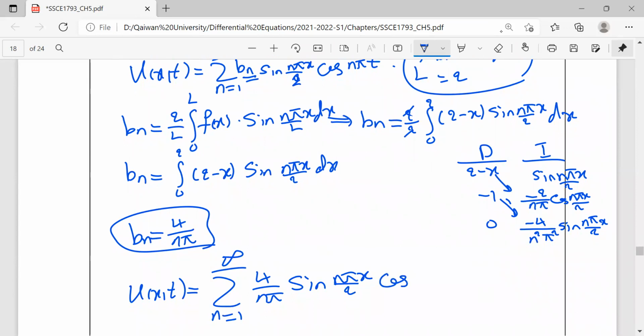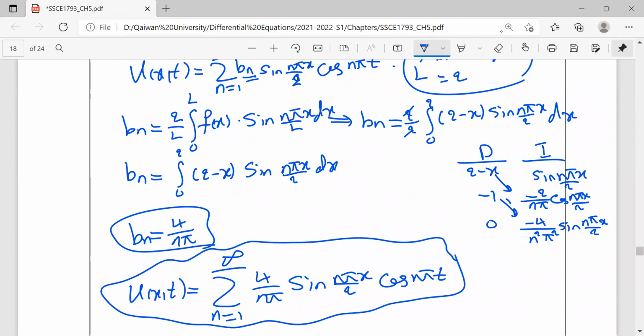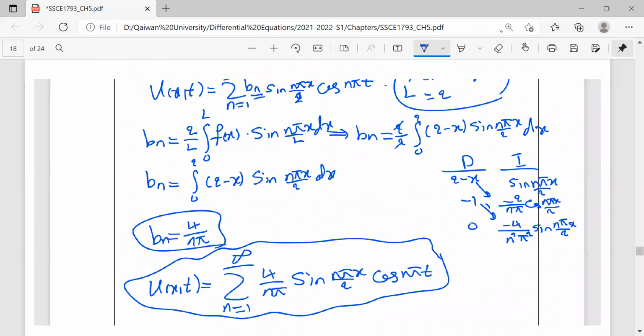This is the solution for the given wave equation.